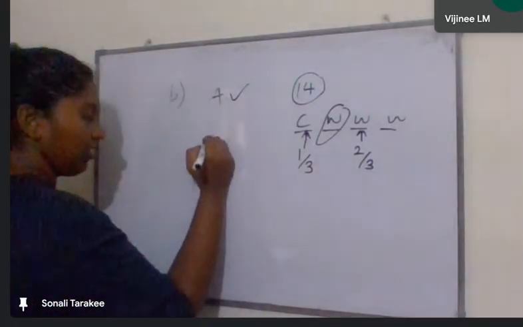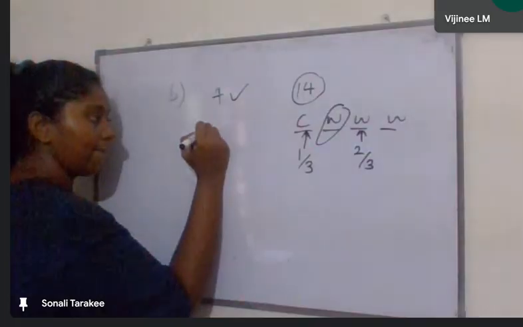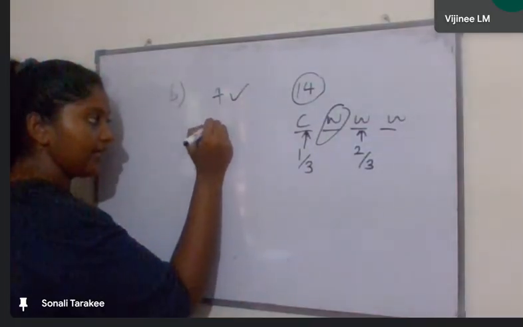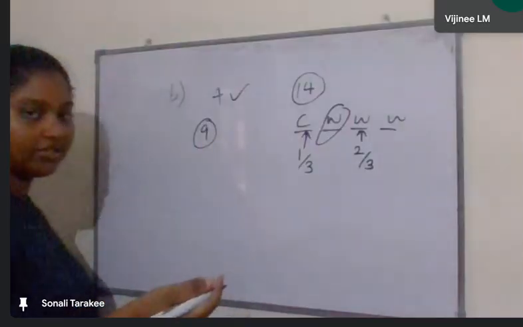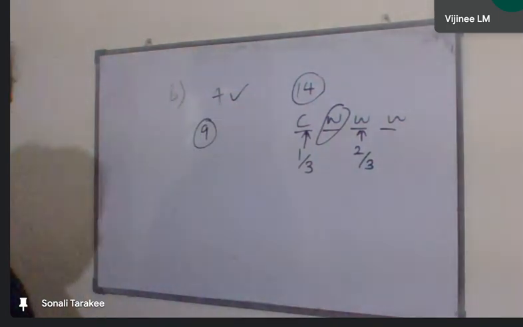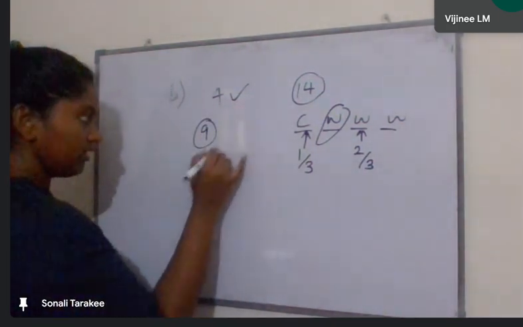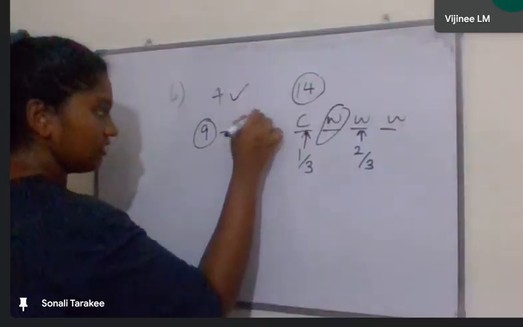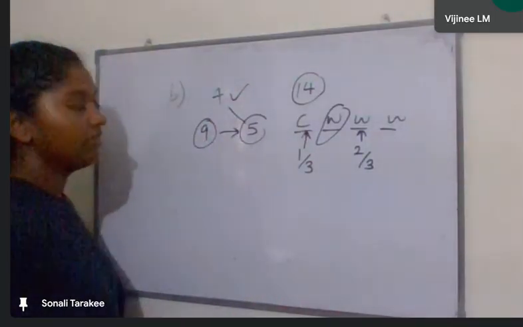Now to pass, one should get more than 9 questions correct. He already has 4 questions correct. So what he has to do is get 5 more questions correct to get 9.